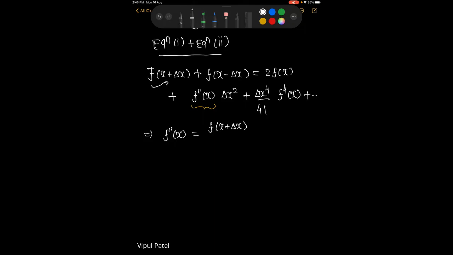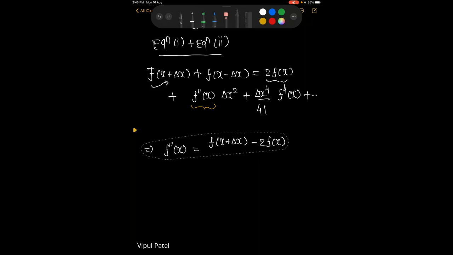Okay, then I will take this particular term to the other side, so it becomes minus 2 times f of x. Okay, then I will write this term, that is f of x minus delta x. Okay, and that particular term will be divided by delta x square.